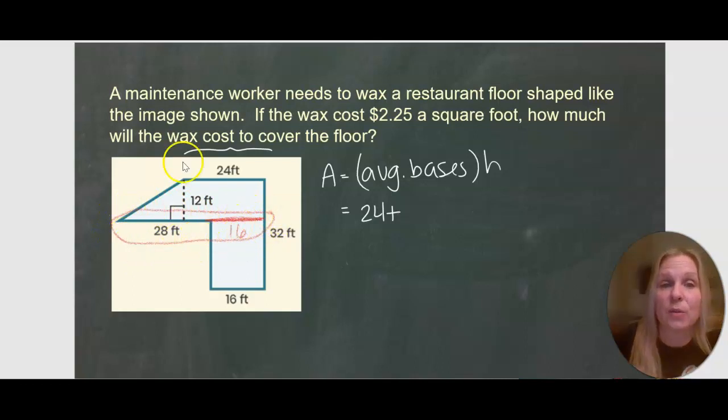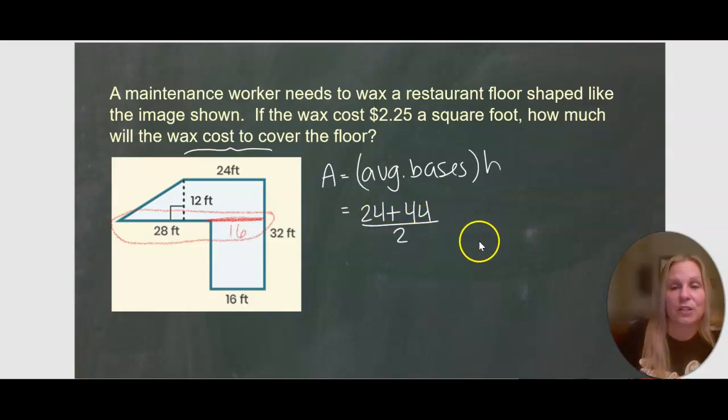So I have to add those two together, right? So 28 plus 16 is that long base on the bottom. So 28 plus 16 gives me 44 for my other base. And then remember, I'm taking an average. And then I'm going to multiply that by the height of my trapezoid, which is always perpendicular, right? That's what that little box means. It means that it's a right angle perpendicular to the base, so my height is 12.